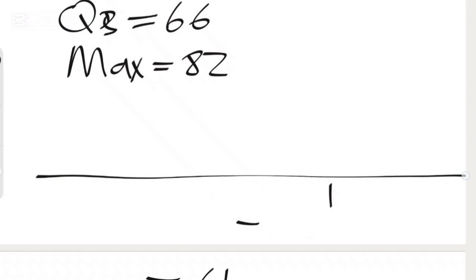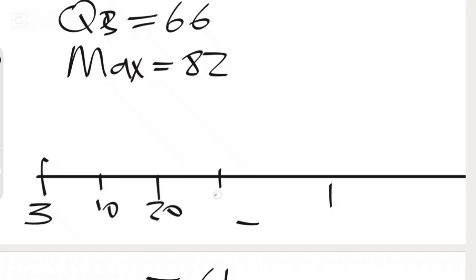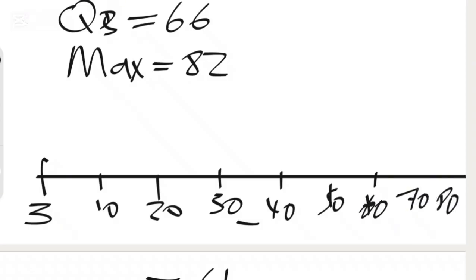Just draw a nice, beautiful number line, and then our minimum value is 3, and then our maximum, you can have your counter: 10, 20, 30, 40, 50, 60, 70, 80.